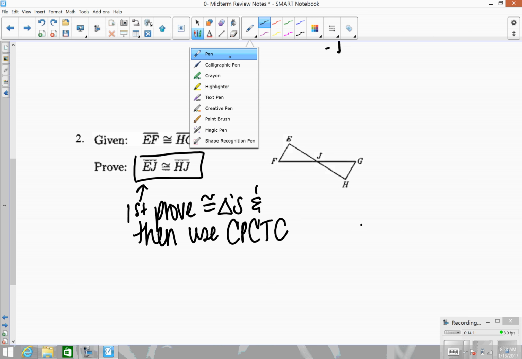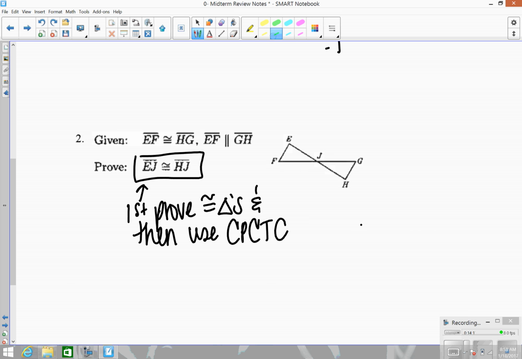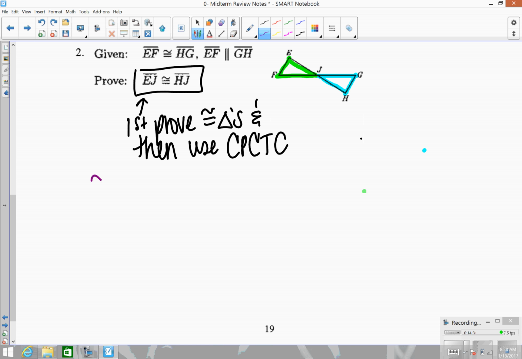So let's look at what triangles they belong to. So EJ is this side right here. So that's going to belong to this green triangle. And then HJ is this side right here. That belongs to this blue triangle. It's a side in the blue triangle. So those are the 2 triangles that I need to prove are congruent. So let's go ahead and start our proof. We'll write our statements and our reasons.